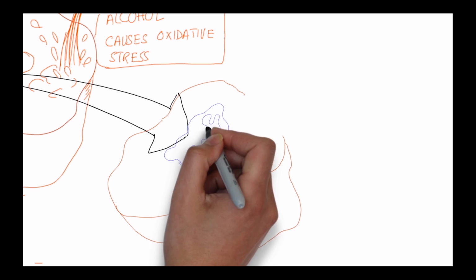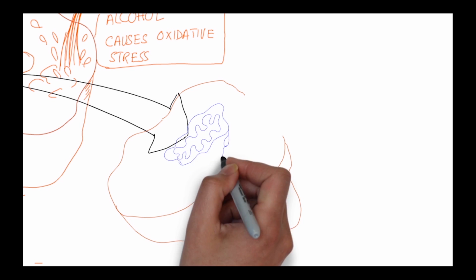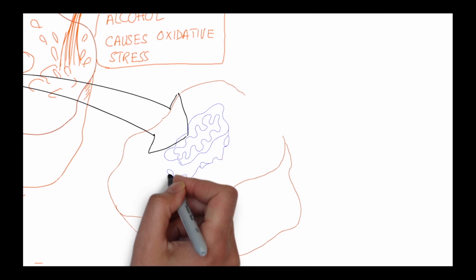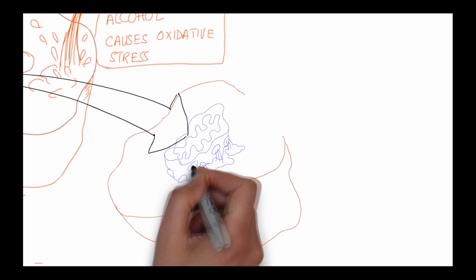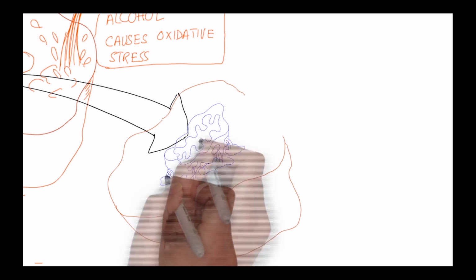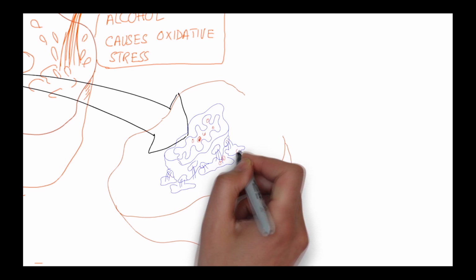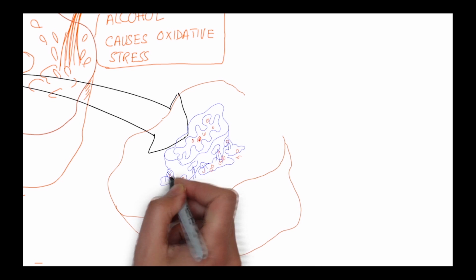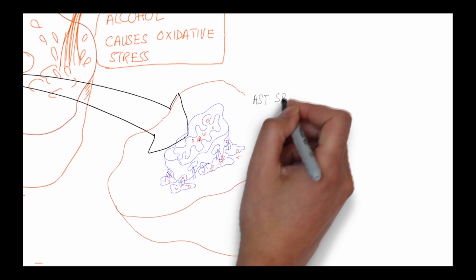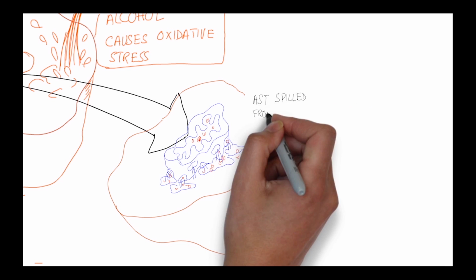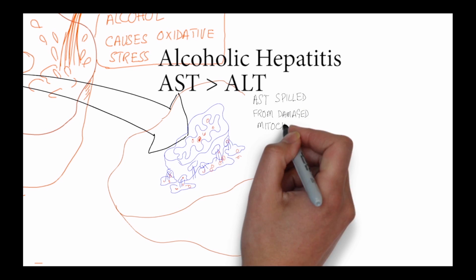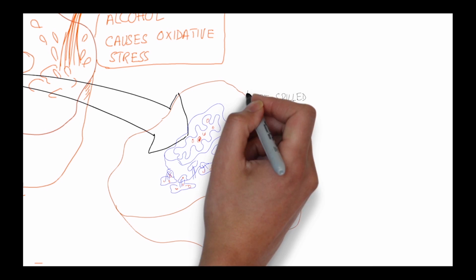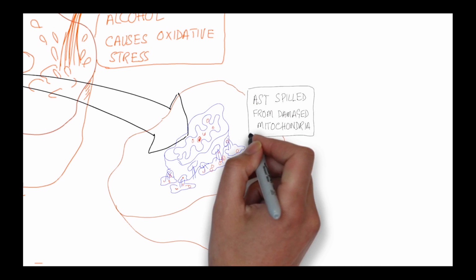So that oxidative stress causes mitochondria to break down. When the mitochondria are broken down, what enzyme is going to be released? AST, right? So in chronic alcoholics, AST is going to be increased in quantity compared to ALT. So this is the difference between viral and alcoholic liver disease labs for the liver enzymes.